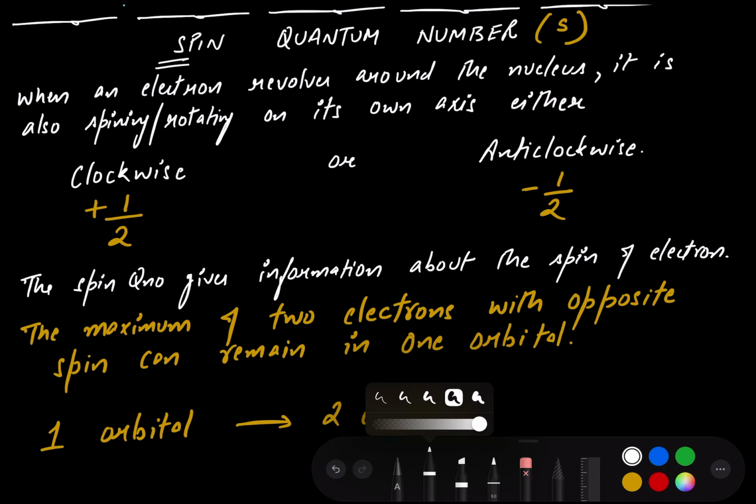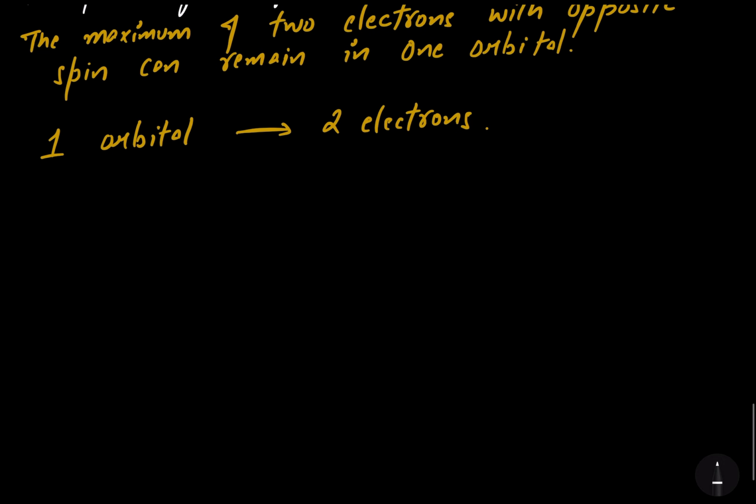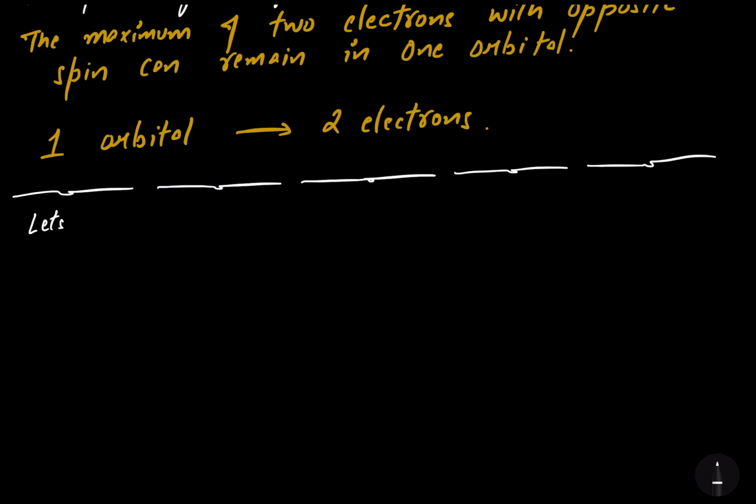So now first of all, let's design a city for the electrons, then we will talk about their filling in that city. Let's design country, city, street and different house numbers.